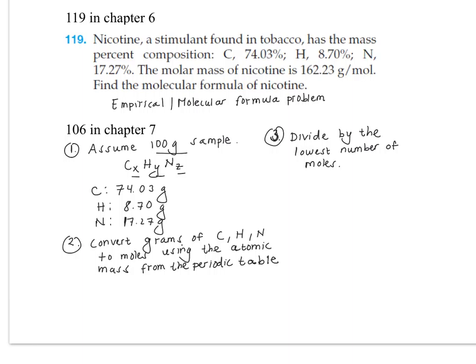And then once you have your empirical formula, you're going to determine the empirical formula mass. So you're going to need the periodic table to do that.